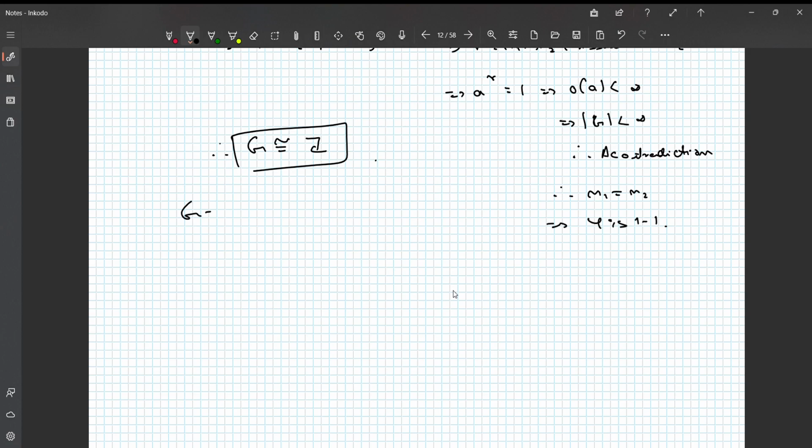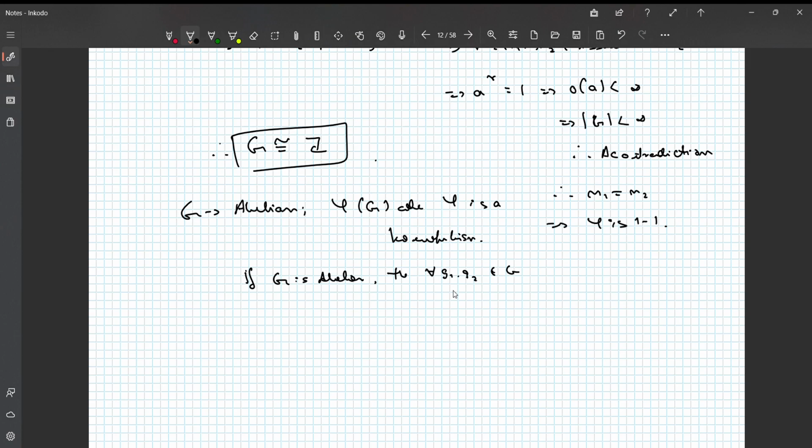So what I mean to say is, suppose G is abelian. Then what about phi of G, where phi is a homomorphism? If G is abelian, then for all g1, g2 in G, g1 g2 equals g2 g1, right?